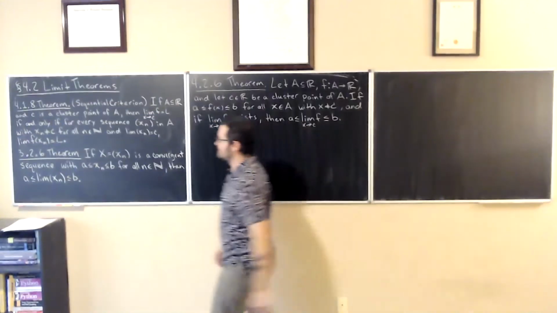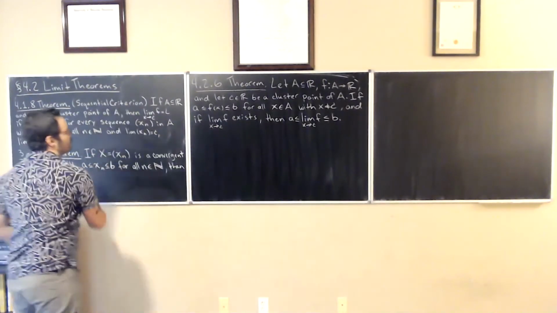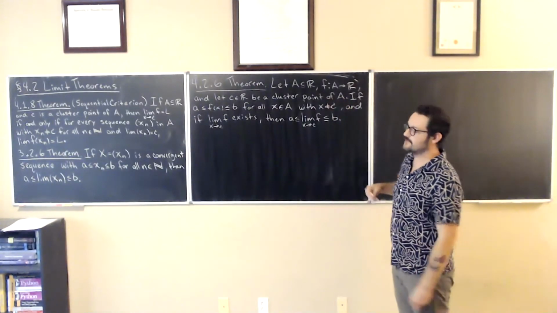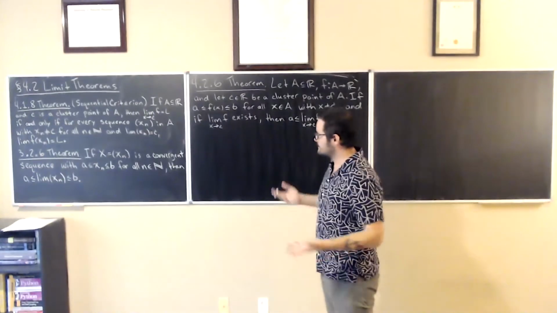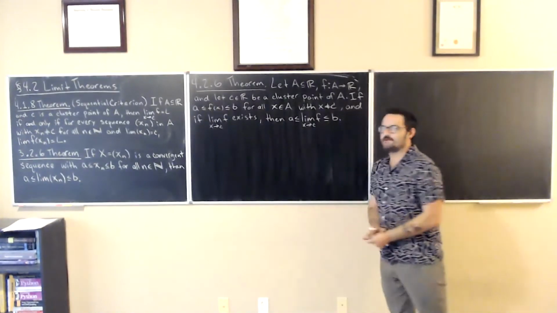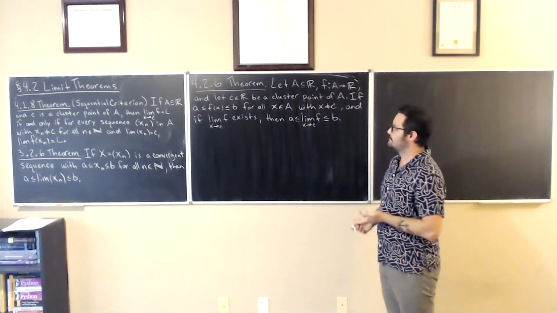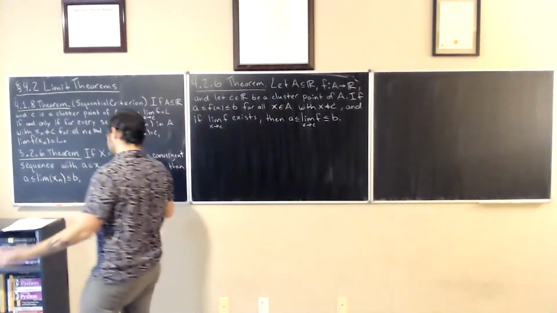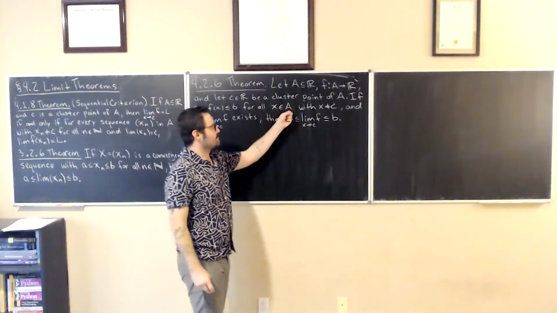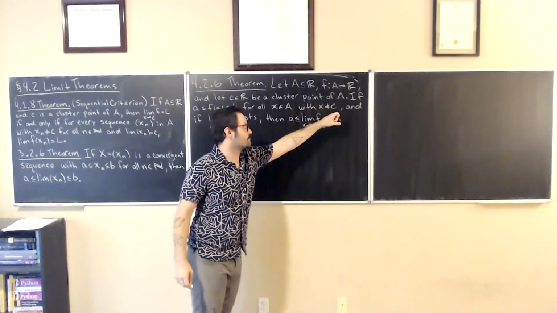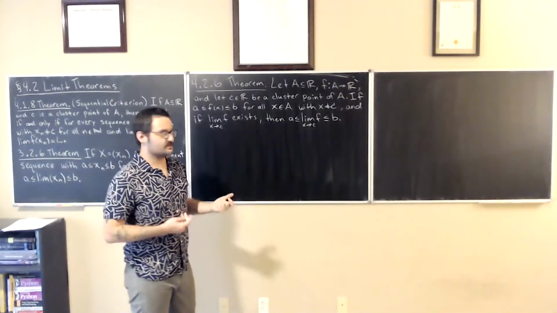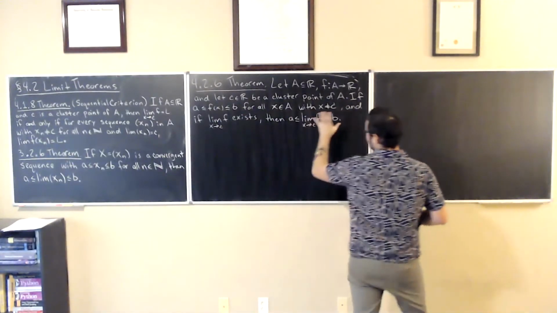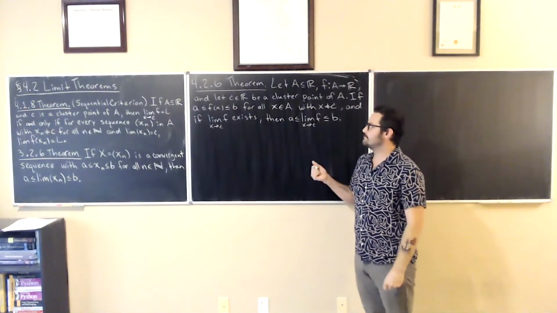Okay, so let's go ahead and finish up this video with a quick proof of this theorem and a statement of the theorem. So what does this statement say? Well, if we have a function f and a cluster point C, and f is bounded by constants a and b for all x in its domain with x not equal to the cluster point C, and if the function converges as x approaches C, then the limit of the function is also bounded above and below by b and a.